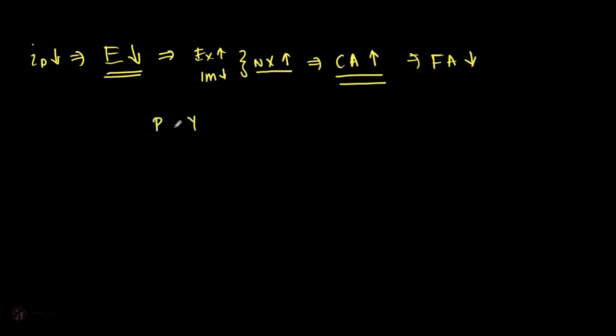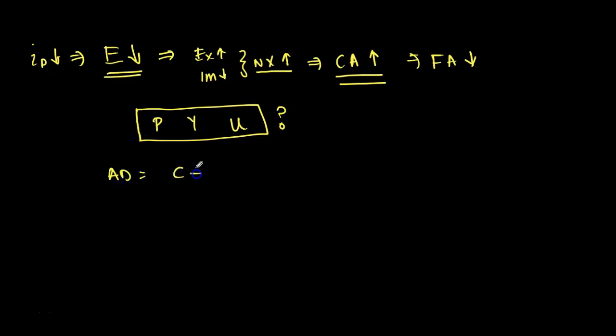So how does this depreciation affect our macroeconomic variables like the aggregate price level, real GDP, and the unemployment rate? Remember, AD is C plus I plus G plus net spending by foreigners on our domestically produced goods and services. So the depreciation is causing net exports to go up, aggregate demand to further increase.